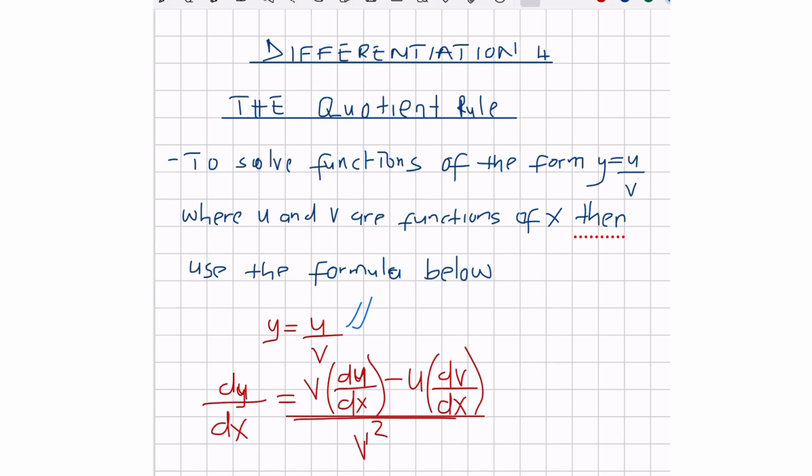You square the denominator, so v is your denominator and you square it, so it's v squared. Then you keep the denominator constant and differentiate u, then you subtract: you keep u constant, which is your numerator, and you differentiate the denominator v. I think this is clear and straightforward. Make sure that you understand this.